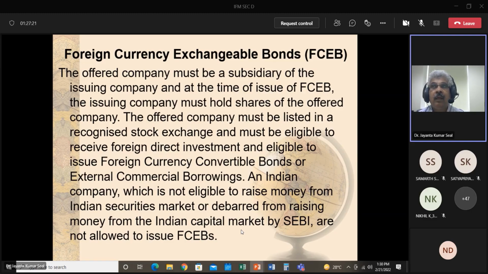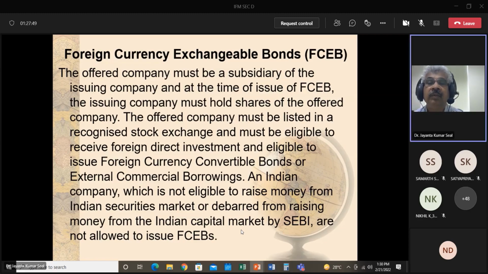Now Tata Steel says that today I'm issuing bonds, they will be converted into shares of Amazon, and Tata Steel presently does not hold any shares of Amazon. But by the time the conversion date comes, we'll buy shares of Amazon. That is not possible. So on the date of issue, the issuing company must have shares of the offered company.